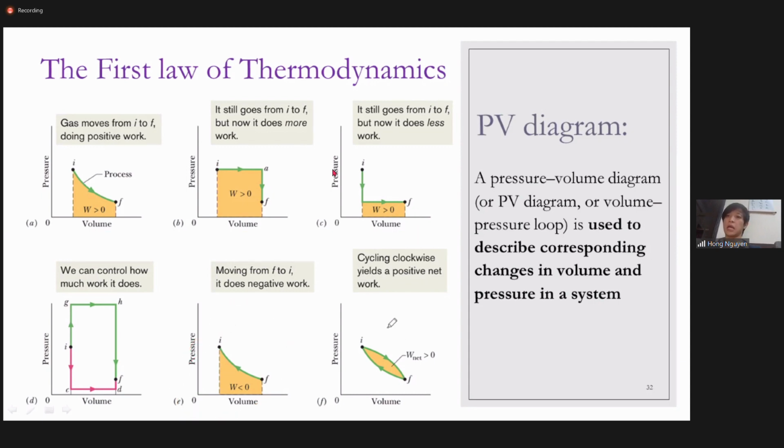Negative work. You can have a loop like this, and you still have a net positive work. Why? If I draw something here for you, from I to F, I try to draw something.